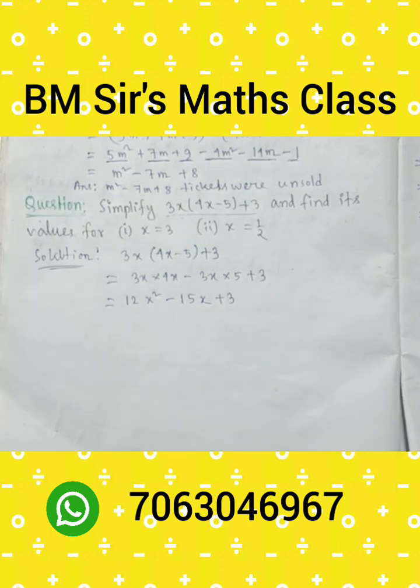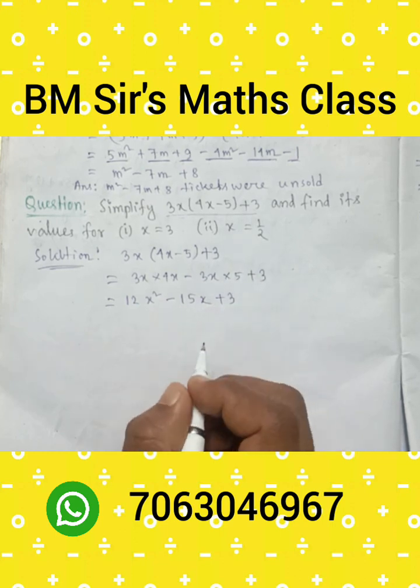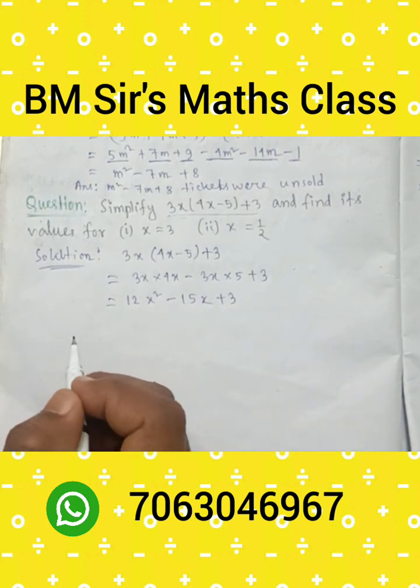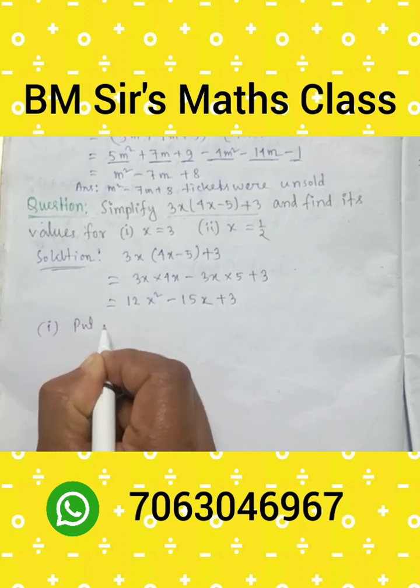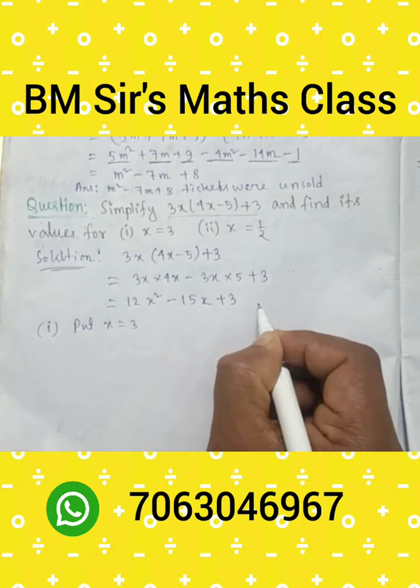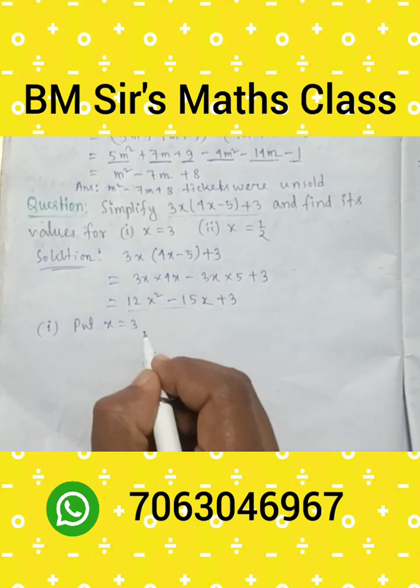So it is the simplified form, because here it is given to simplify this, that means the first part is done. Now you have to find the value for x equal to 3. So put x equal to 3 in 12x square minus 15x plus 3.